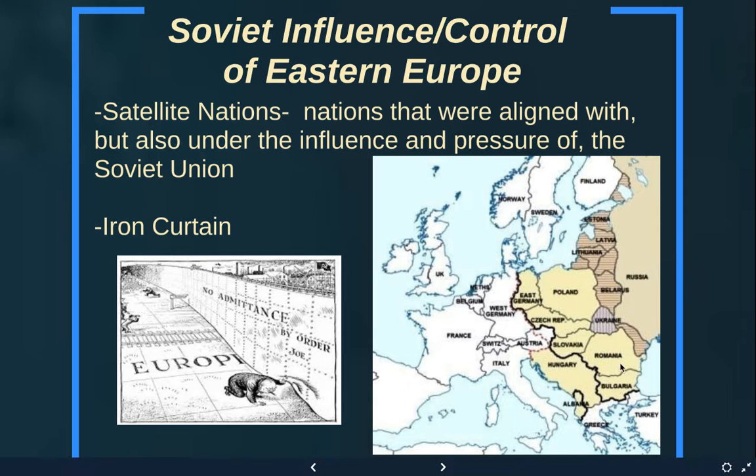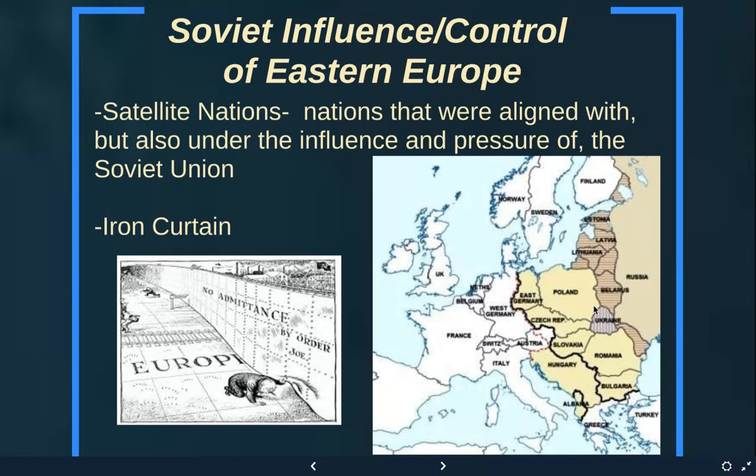So these nations over here that are a part of the Soviet Union are under the control or the pressure of the Soviet Union, and we're going to see a couple years after the war is over, Winston Churchill, who is no longer the Prime Minister of Great Britain at the time, is going to give this speech talking about this Iron Curtain, which was this figurative language he's using to say that there's a line laid down, and on the side where the Soviet Union has control, we really don't know what is going on over there.